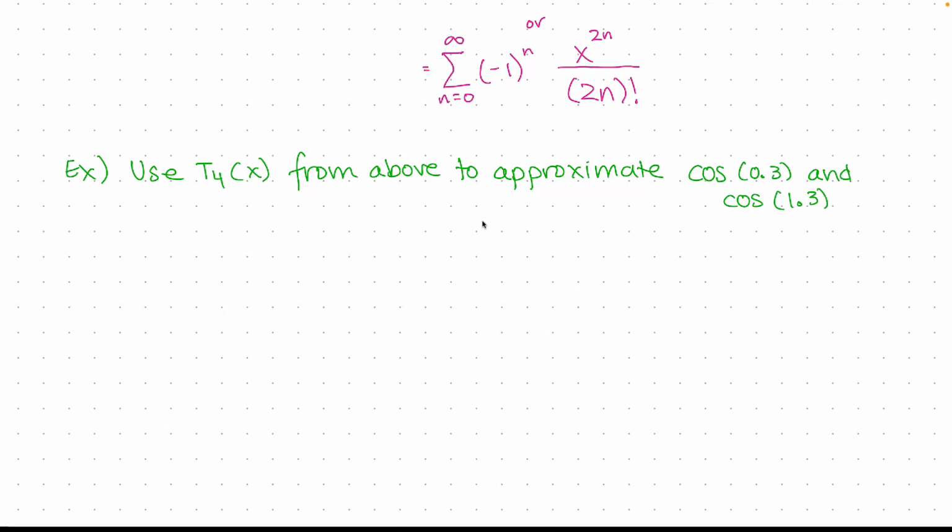So let's see this. When you see the notation like this, T sub 4, it's the 4th degree polynomial. It doesn't mean the 4th non-zero term. It means the 4th degree polynomial.